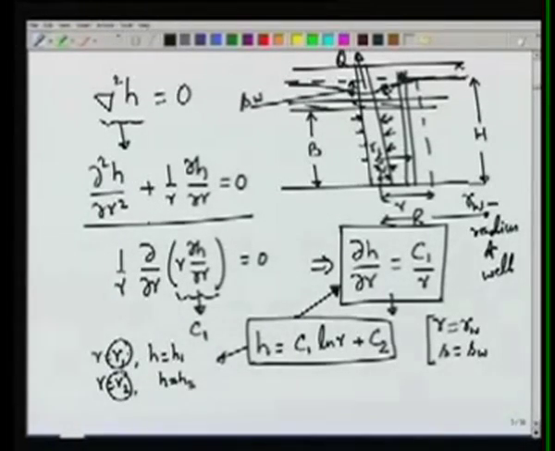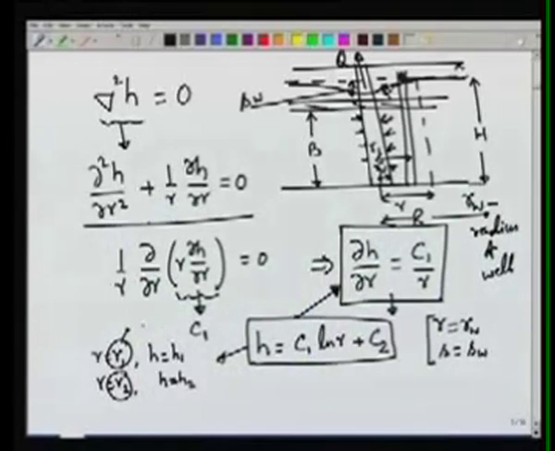For example, R1 may be RW and R2 may be capital R. So if we take this as RW, then this would be SW, and if we take this as capital R, then this would be H, because at the radius of influence the head remains constant at the initial value. But we will not assign these values.